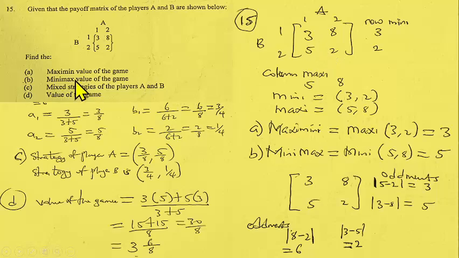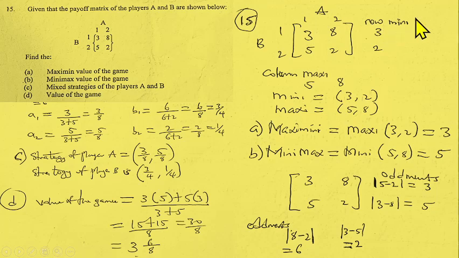How do we find maximin, or how do we find minimax? So we have two rows here, row 1, row 2. We can find the row minimum. For this row, the minimum value here is 3. And for this row, the minimum value here is 2. So in the row, we find the minimum value. Then in the column, we find the maximum value. For this column here, the maximum value is 5. And the maximum value for this column is 8.